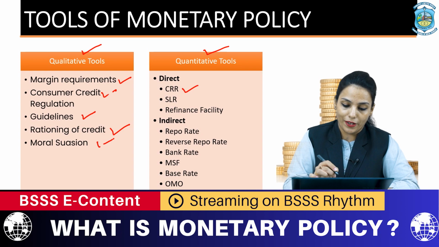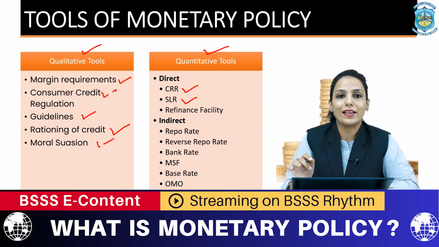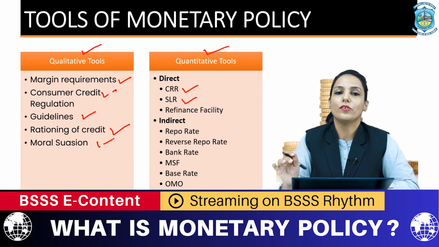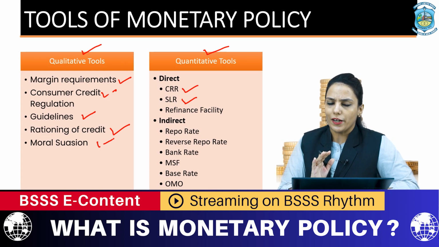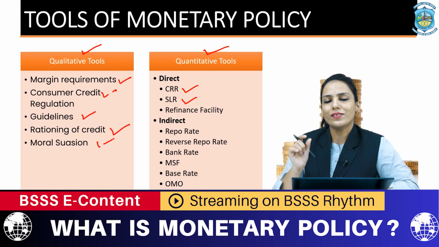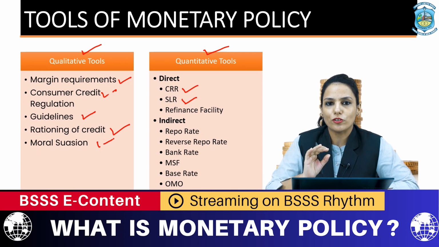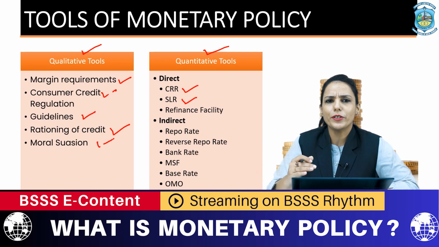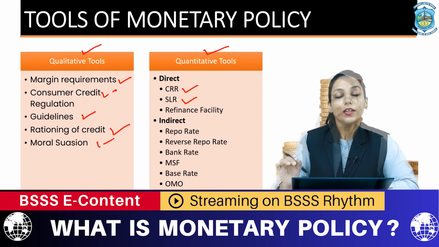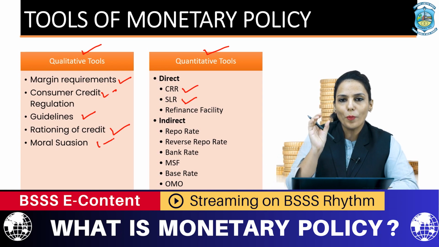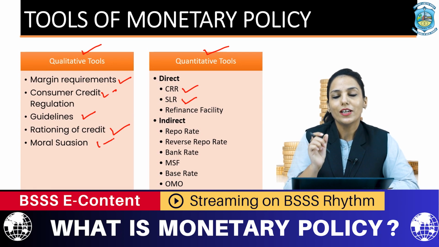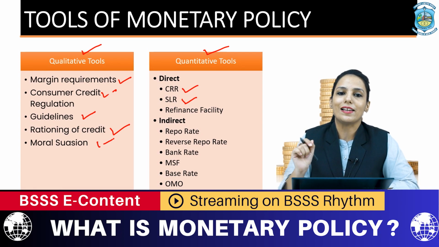That is CRR. Next comes SLR, Statutory Liquidity Ratio. Apart from CRR, banks are required to invest a set percentage of their deposits in designated financial instruments such as central government or state government securities. This proportion of how much is required to be invested is referred to as SLR.